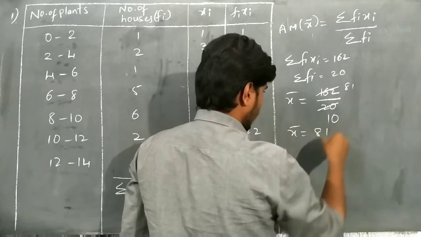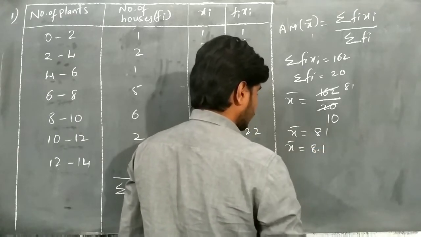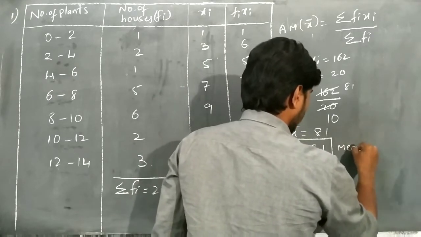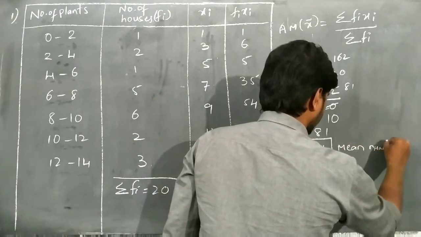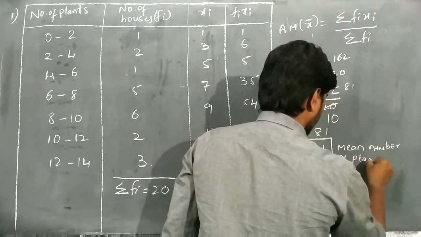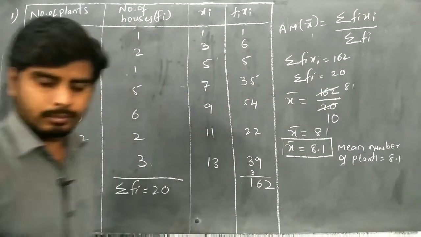X bar equals 8.1. So this is the mean here. Mean number of plants equals 8.1.